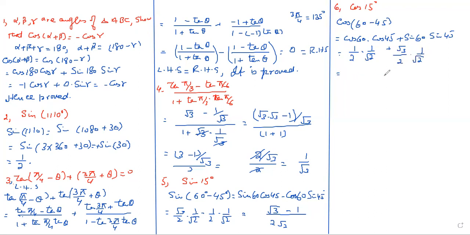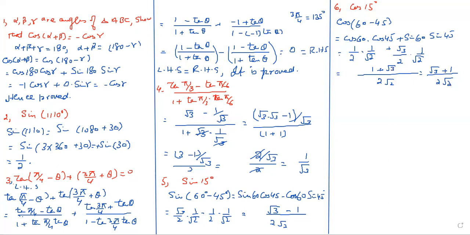So in this case 2 root 2 is the LCM, and this is 1 plus root 3, or we may write it as root 3 plus 1 over 2 root 2. This is our final answer, and I hope that you understand it well.